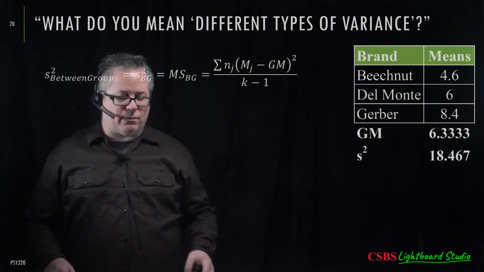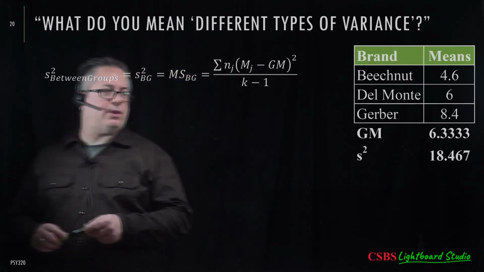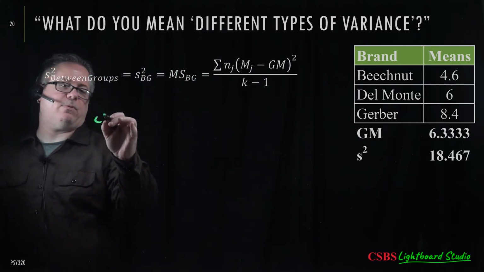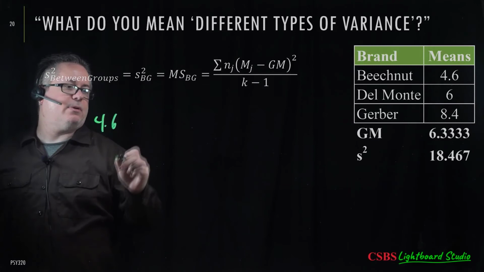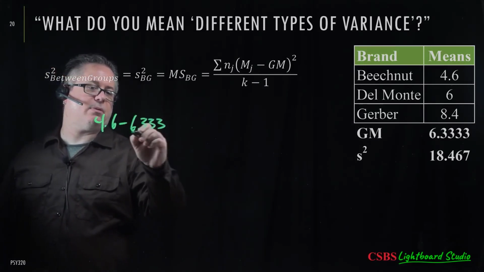All right, so this shouldn't be too difficult. It's only 3 means after all. So I'm going to take my 4.6 minus my 6.333.